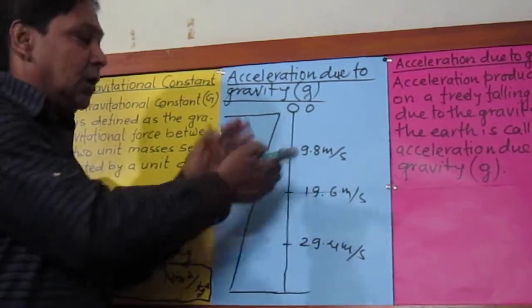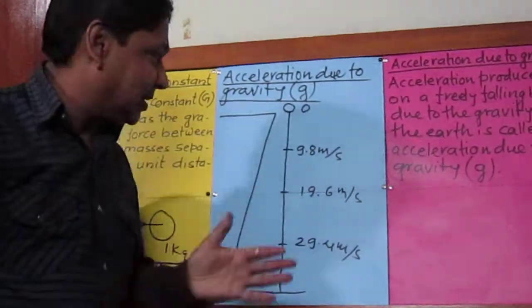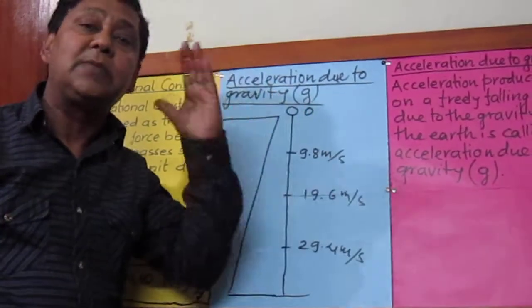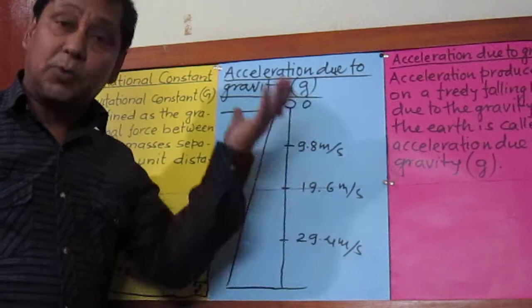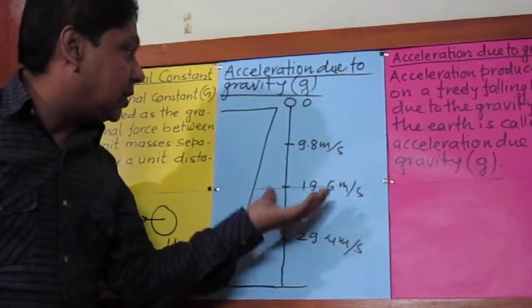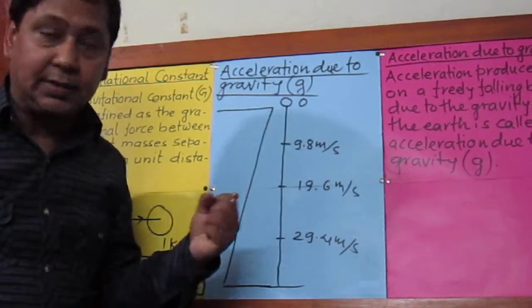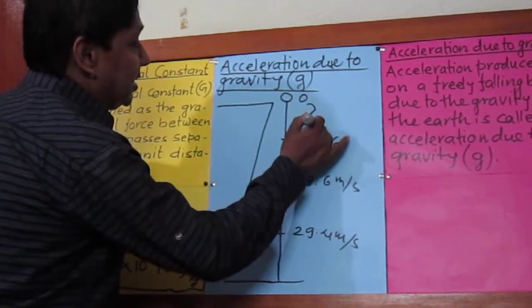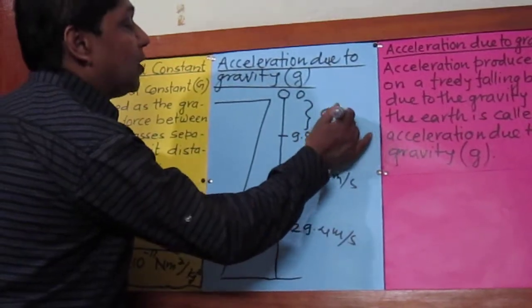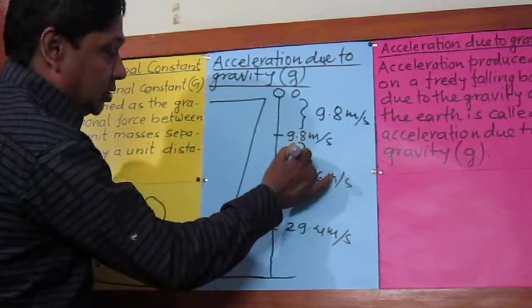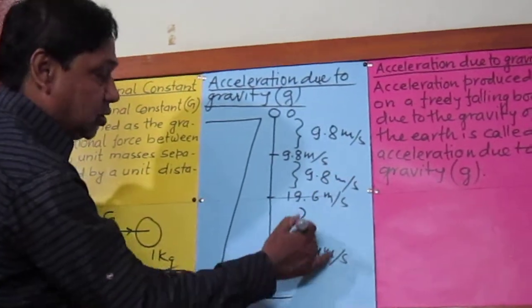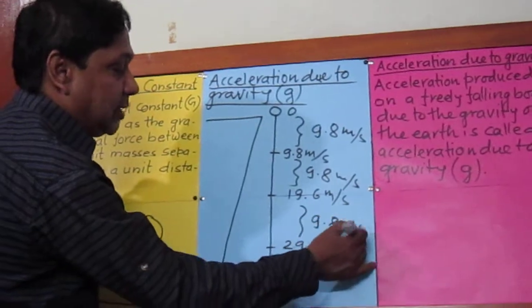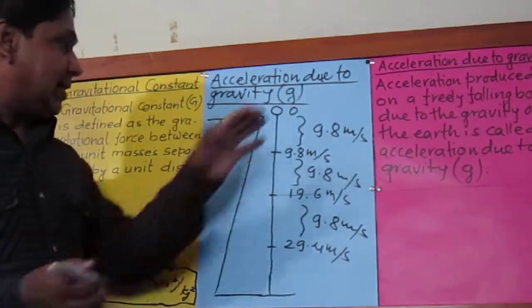Velocity keeps on increasing because acceleration is produced, and this acceleration is because of the pulling force of the earth, and the difference of velocity in every second is 9.8 meter per second. Here also the difference is 9.8 meter per second, and here also 9.8 meter per second, and the body is accelerating.